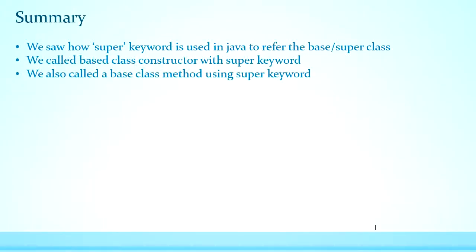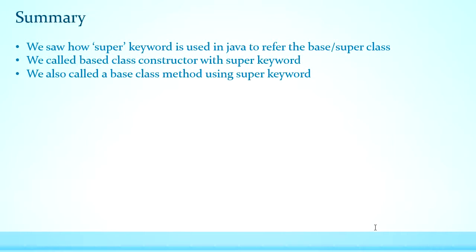So here is the summary of what we saw in this video series. We saw how the super keyword was used in Java to refer to the base or a superclass. So in our example, we used the super keyword to call the base class constructor. We also called a base class method using the super keyword in this demo.